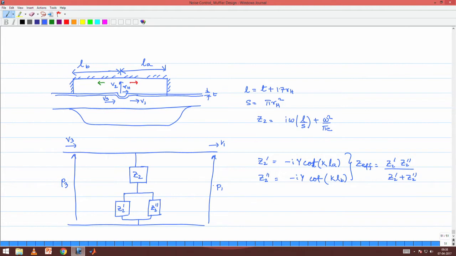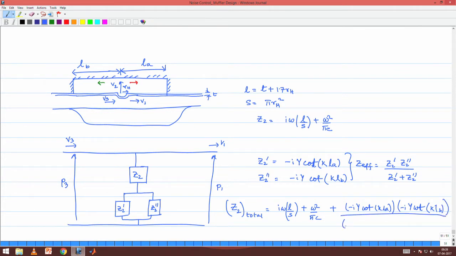Therefore, the effective impedance of this parallel path, Z2 total, is going to be Z2, which is i omega L by S plus omega square by pi c, plus Z effective, which is minus i y cot k L A into minus i y cot k L B, divided by these two quantities, minus i y cot k L A minus i y cot k L B. So, this Z2 total impedance is what lies in parallel, or in the shunt position, in the circuit.